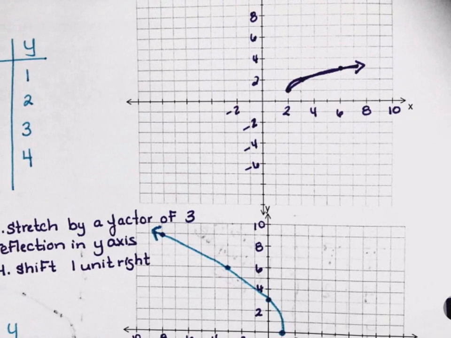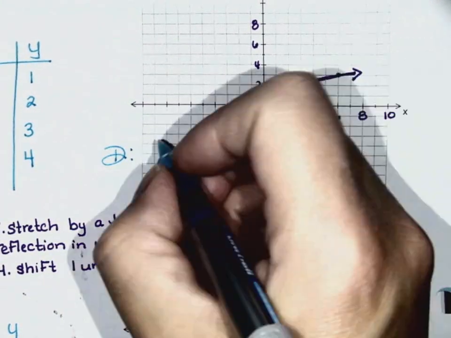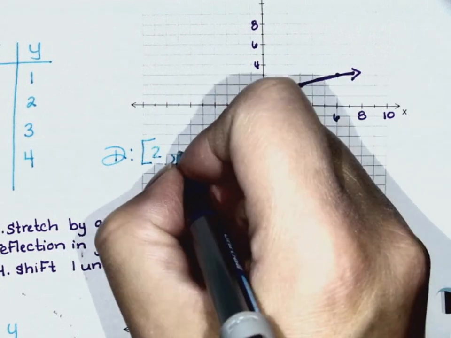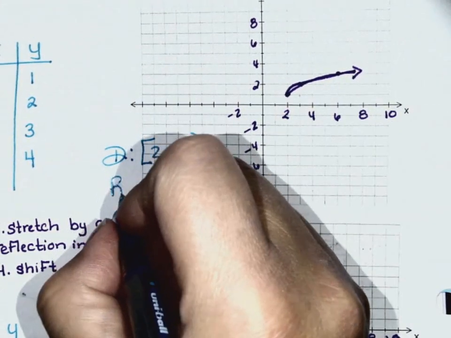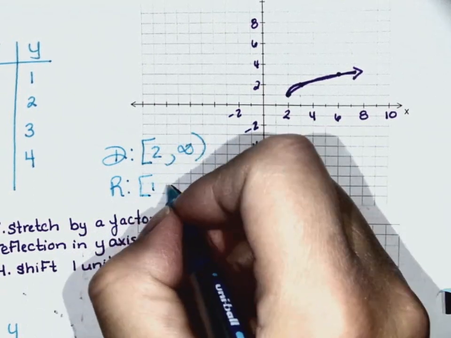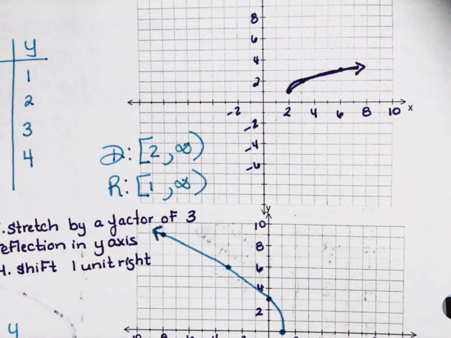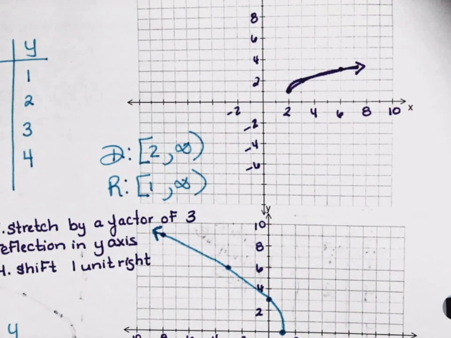And then this little graph here, domain, we start at 2 and we head to positive infinity. Range, we start at 1 and go to positive infinity. Again, your square brackets have to be significantly square.